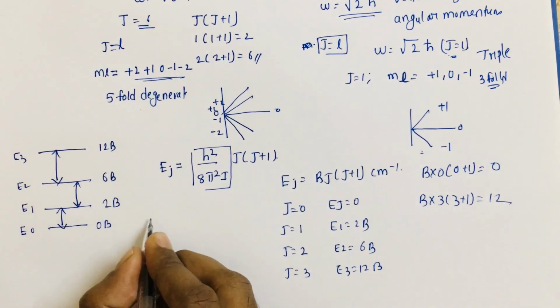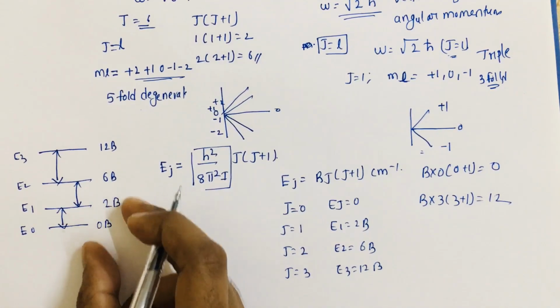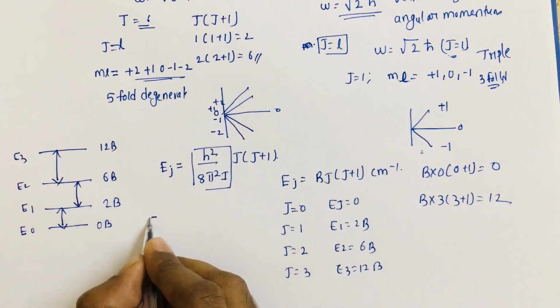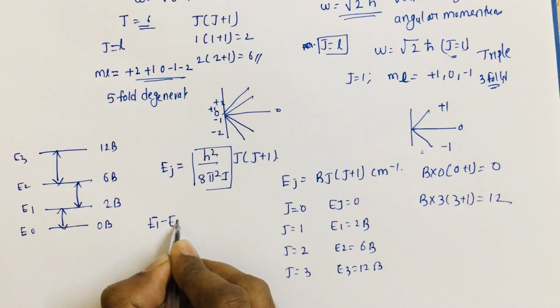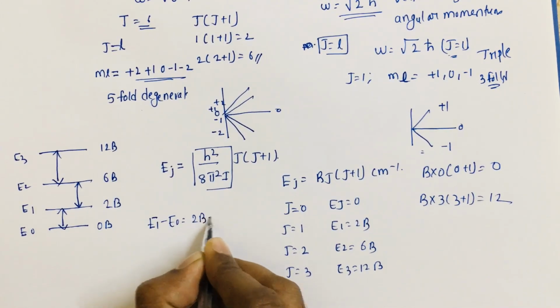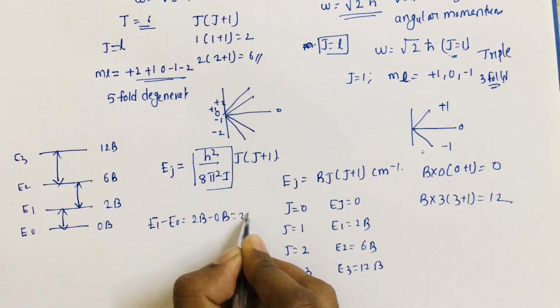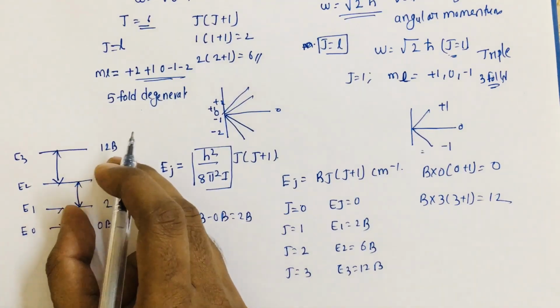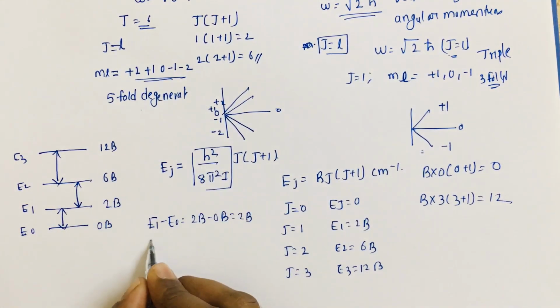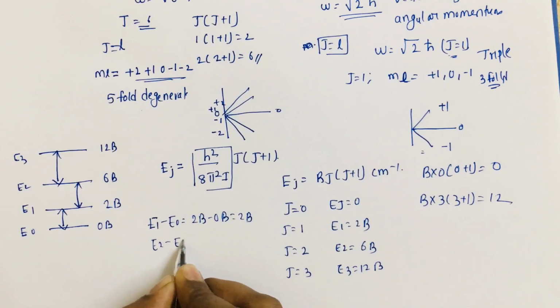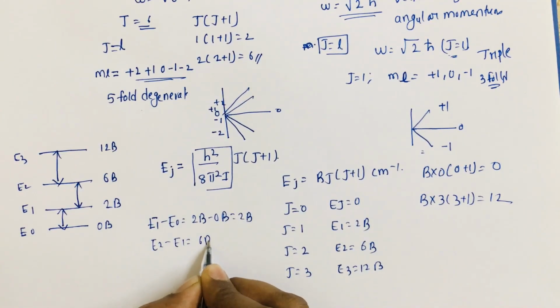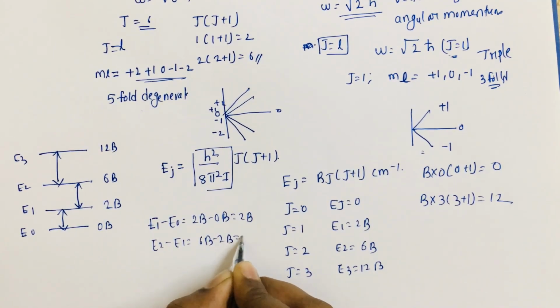The energy difference E1 minus E0 is 2B minus 0B, which equals 2B. The difference E2 minus E1 is 6B minus 2B, which is 4B.